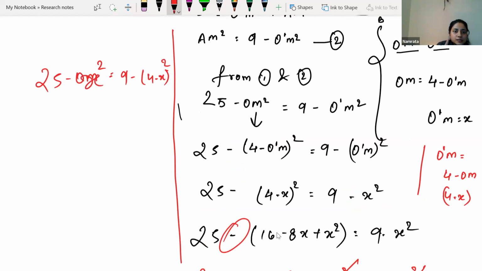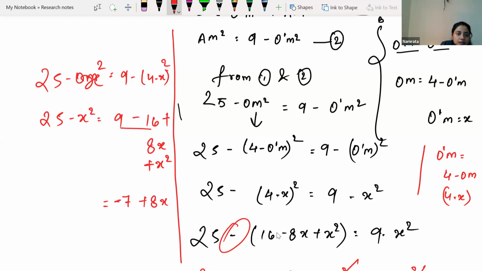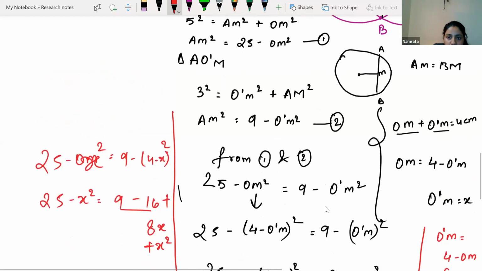If we take x to this one instead of that one, so 25 minus x square is equals to 9 minus 16 minus twice AB, 2 times 4 times x, plus 8x plus x square. So we are having 9 minus 16, that is negative 7, plus 8x over here, and there we are having 25. 8x is equals to 32, x is equals to 4. Yeah, we are getting it from here, but why are we not getting it from there? Are we making any mistake?